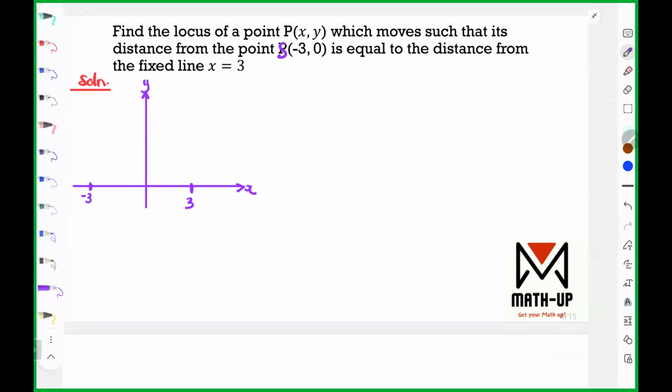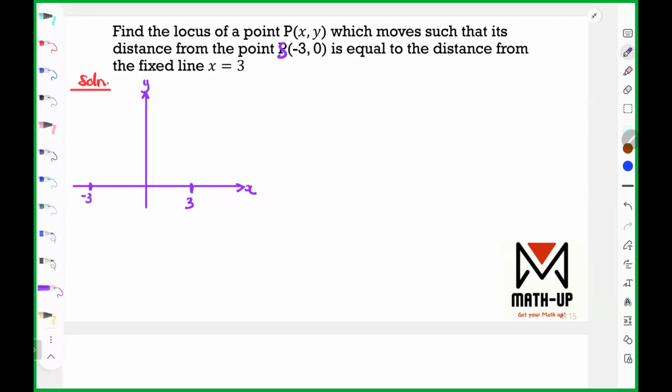drawing a simple sketch. It might be necessary, it might carry marks, but it could help you visualize what you're working with. So they're telling us that the distance from a point Pxy, I can put that point anywhere in my plane. So let me choose to put it here.